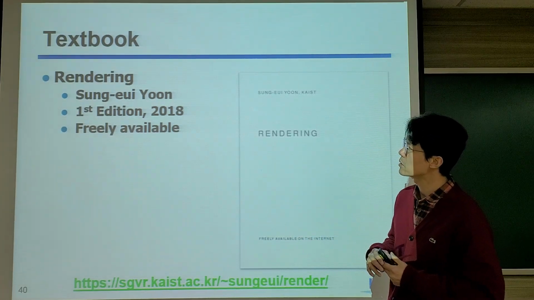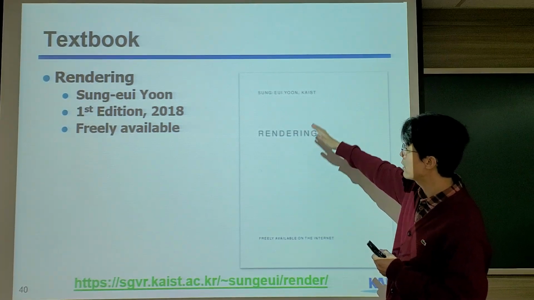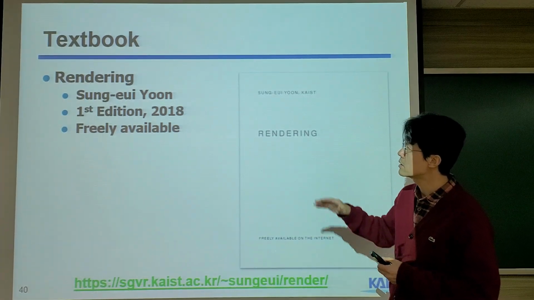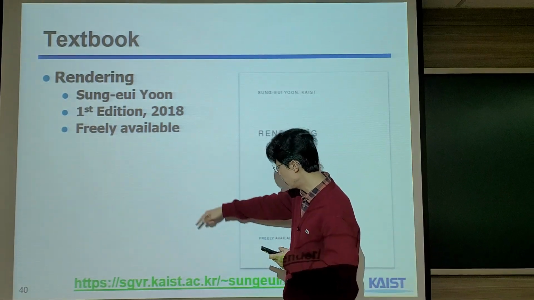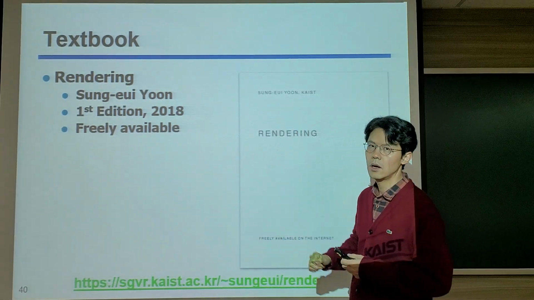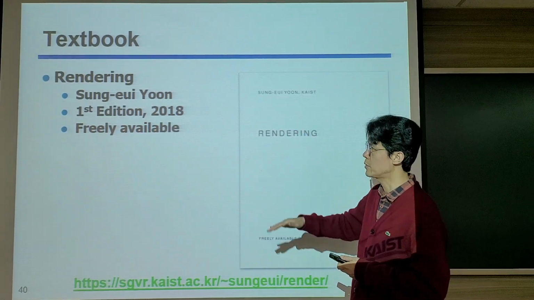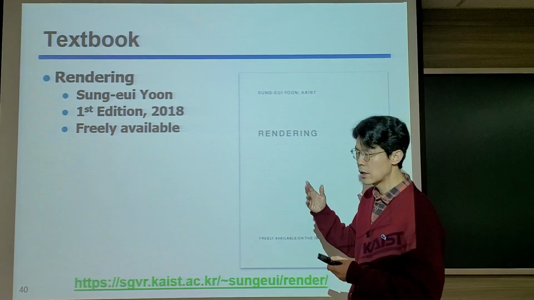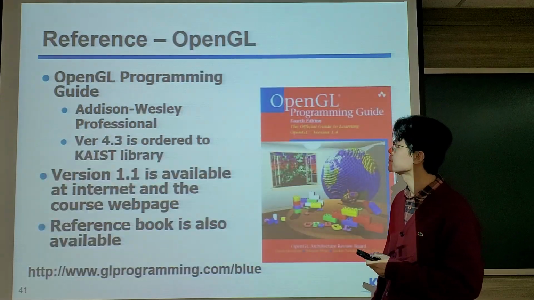The book was prepared to cover those concepts. This is our textbook, and it is freely available. If you click this link, you can see the homepage of this book. Each chapter, or the whole book, is freely available, and you can read it through PDF.